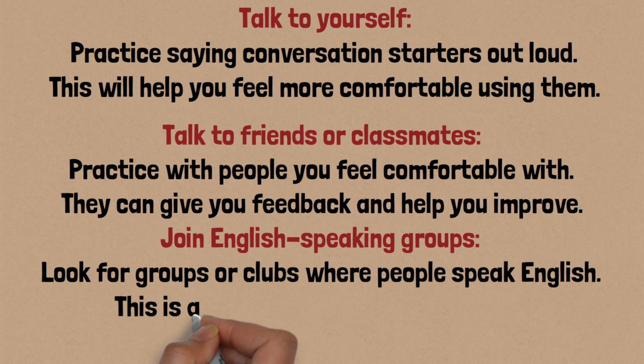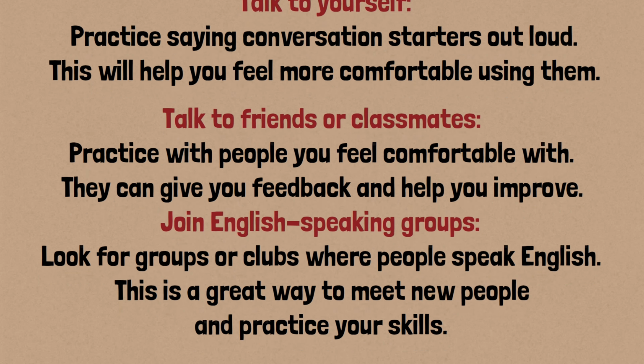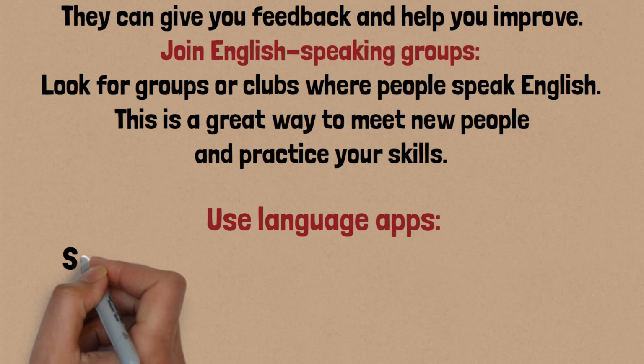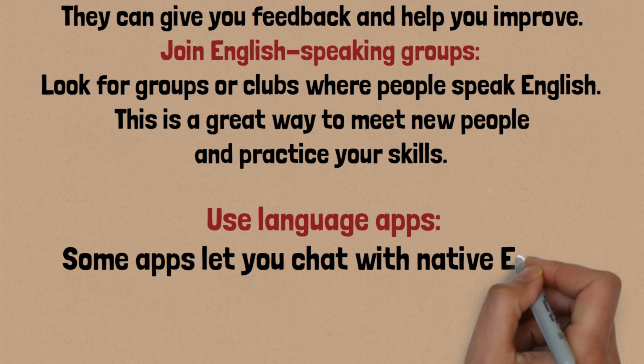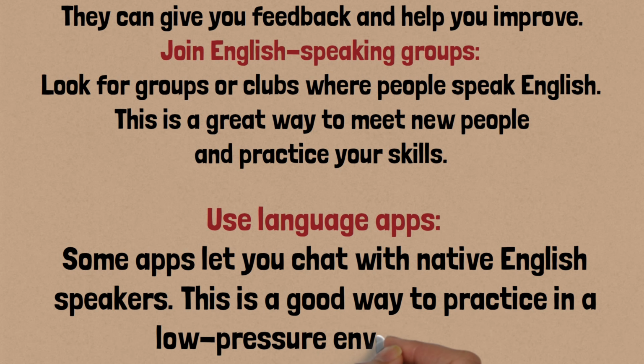They can give you feedback and help you improve. Join English-speaking groups. Look for groups or clubs where people speak English. This is a great way to meet new people and practice your skills. Use language apps. Some apps let you chat with native English speakers. This is a good way to practice in a low-pressure environment.